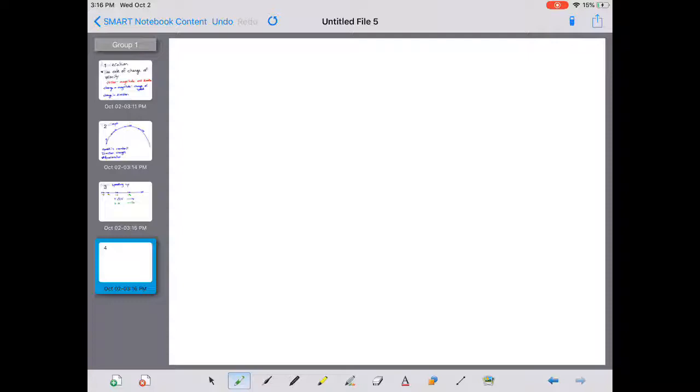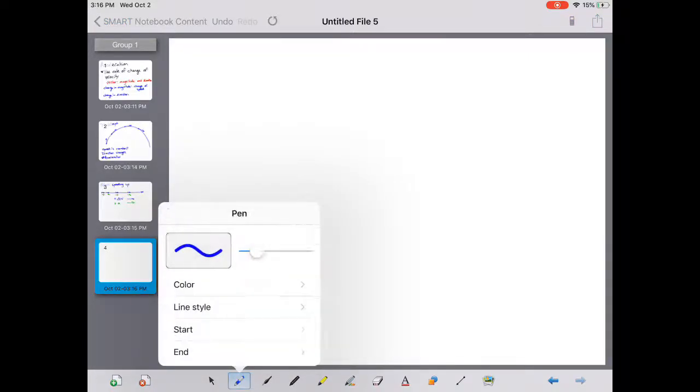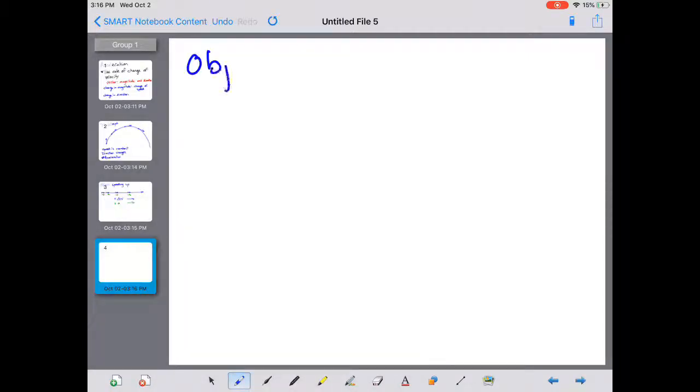If we have an object that's slowing down, we're going to have a scenario where our acceleration is opposite the direction of our velocity. So our dots are going to get progressively closer.